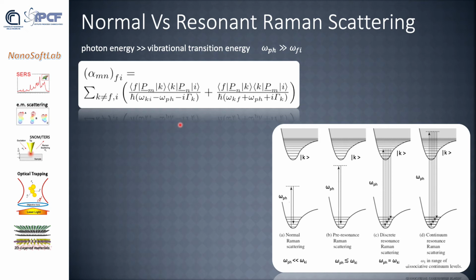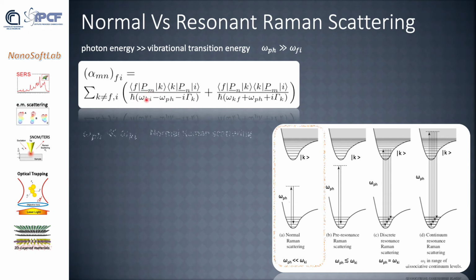Up to now, we have only assumed that the photon energy is much larger than the vibrational transition energy. But very interesting things occur depending on whether this photon energy is much smaller than any absorption transition, or if the photon energy equals one of these absorption transitions.